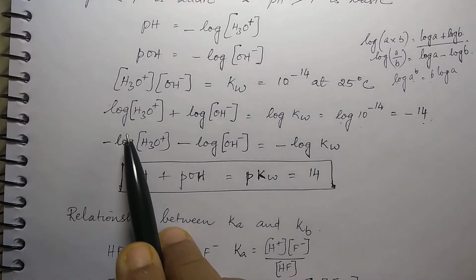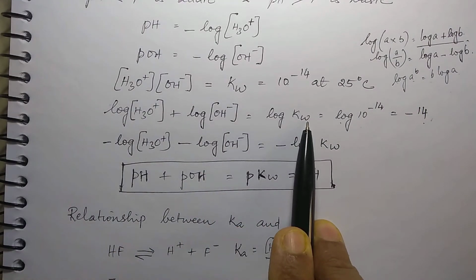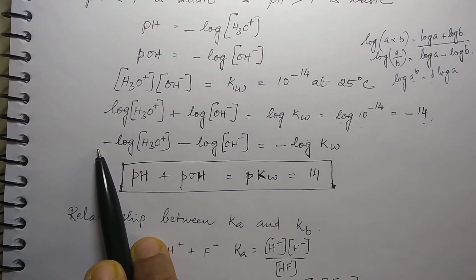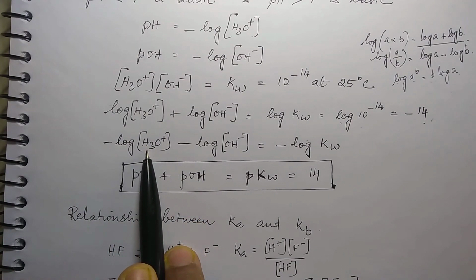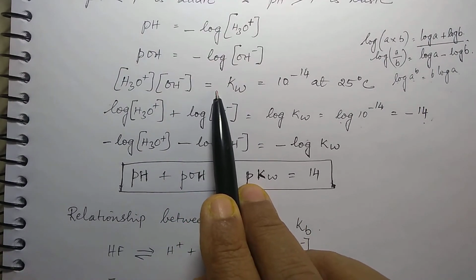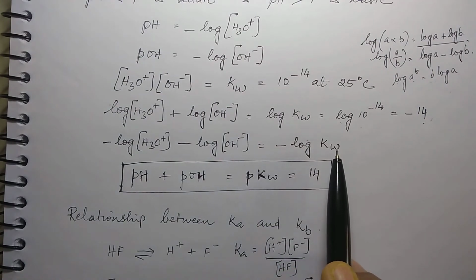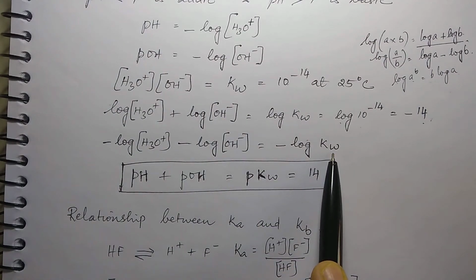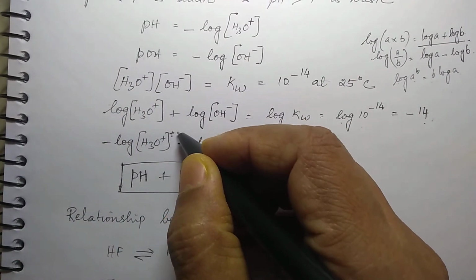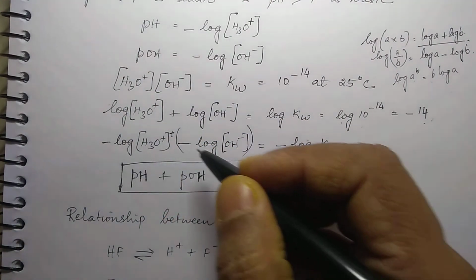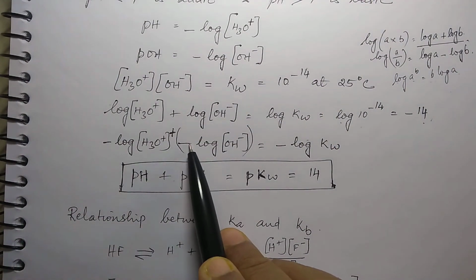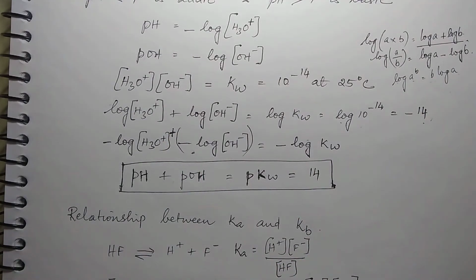Now, for the same equation, I am going to add a negative sign along with each and every term. Minus log H3O plus minus log OH minus is equal to minus log Kw. So when you multiply, this plus into minus will be minus.